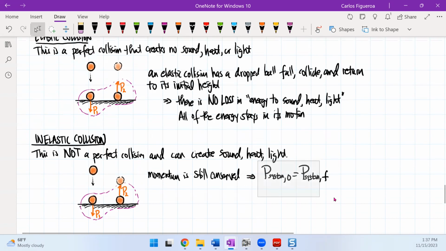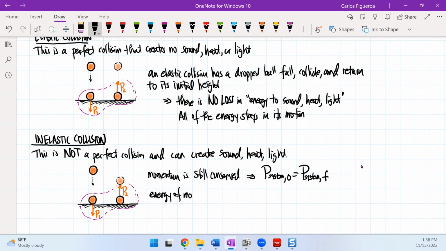Okay, I should have said that. However, energy, because some energy goes to sound, what we find here is that energy of motion is not conserved.